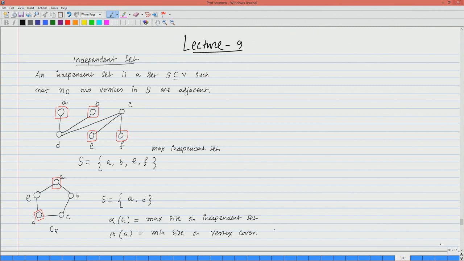Now, one thing to observe here, see, the complement of S here is D and C, and you can check that this S complement is in fact a minimum vertex cover.